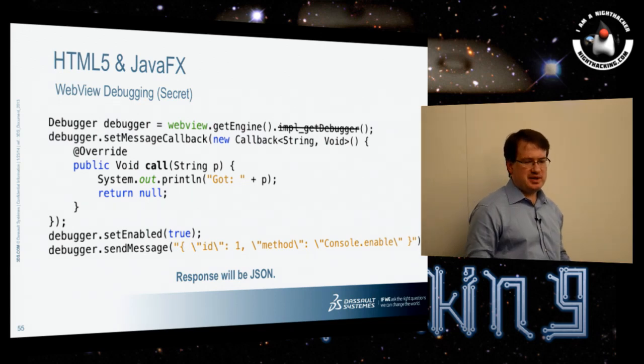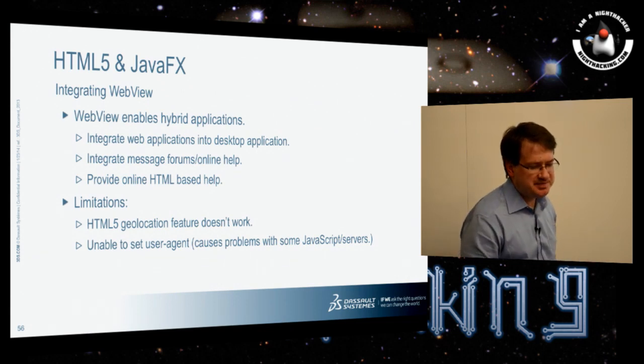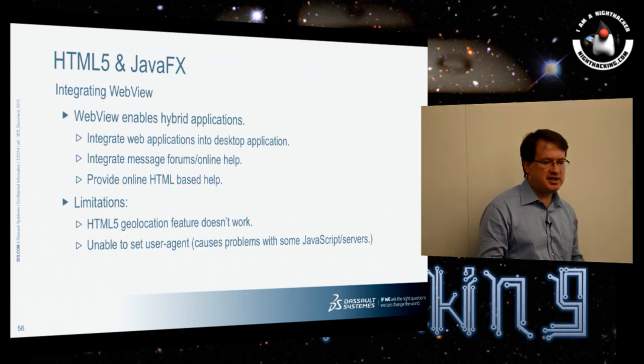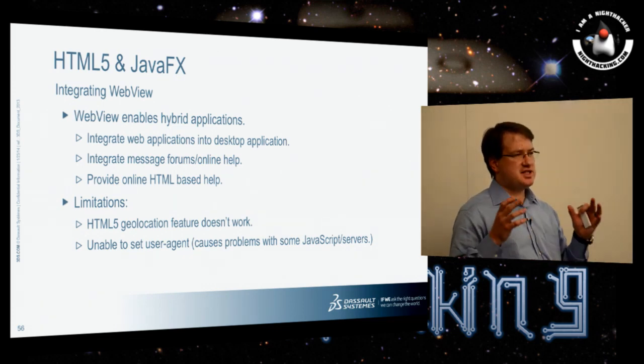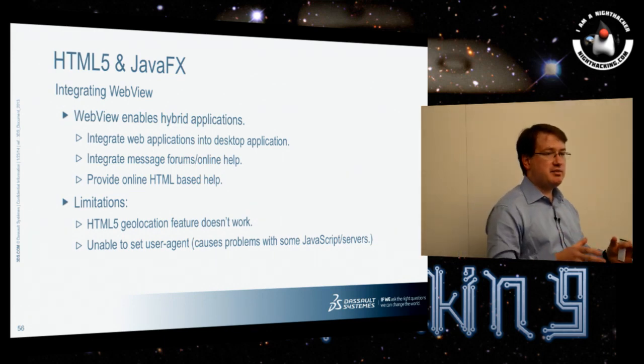And one of my things is to figure out that API a little bit more and try to build up something on top of it. So the WebView does enable hybrid applications and allows you to integrate web applications into desktop applications. So if you have an existing desktop application, you could integrate an existing web application into it and make it seamless.